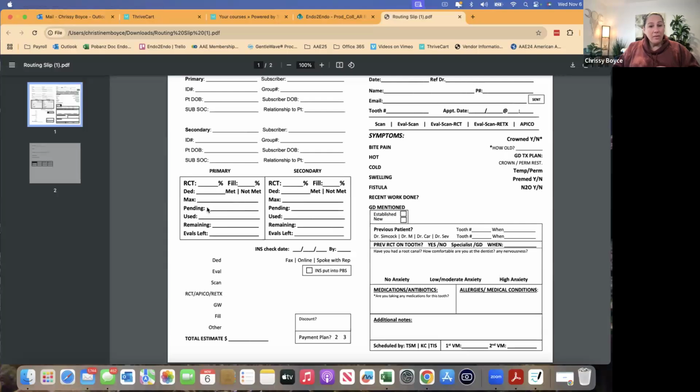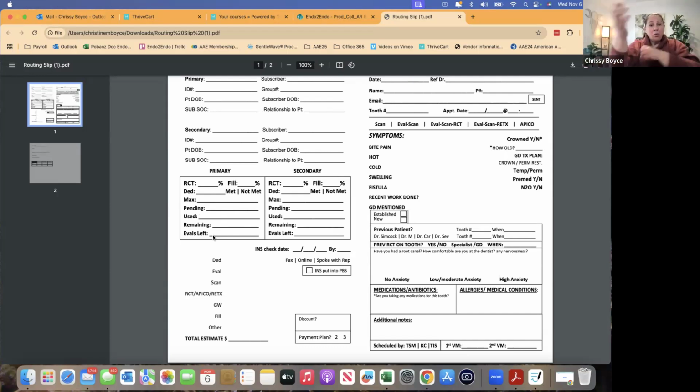What is their maximum? You can put what is pending if they show it, because you're going to want to deduct that from their max. What have they used so far? And what's their remaining balance? Okay, the eval, you can find out if you want, but this is all the information that you want to gather.